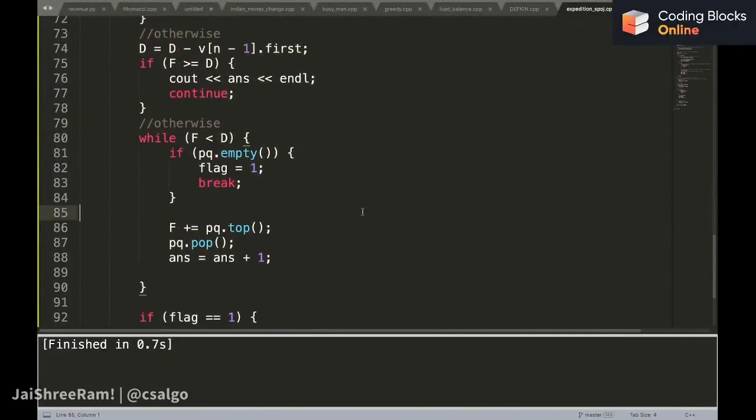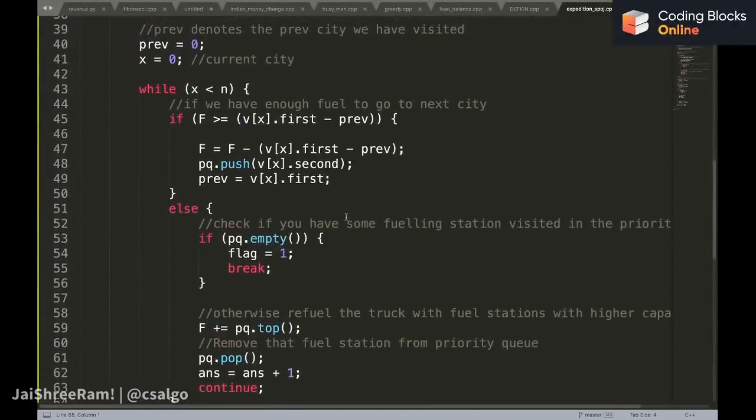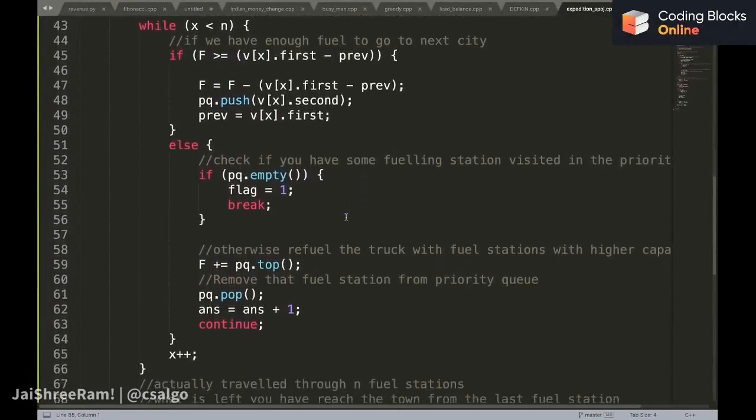And if you want a brief recap of what we have done till now, we have mainly two components in the code. One component is to visit all the fuel stations, and that has two cases. If you have enough fuel, you directly go to the next stop, and if you don't have enough fuel, you continue to recharge the fuel from the priority queue in this loop, and x plus plus increments the cities you have visited.